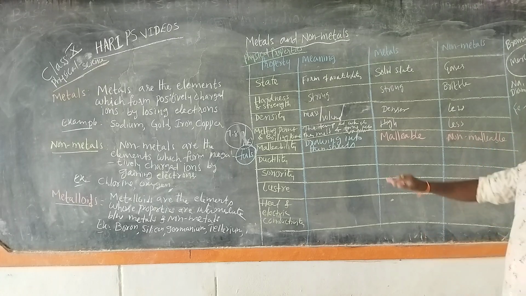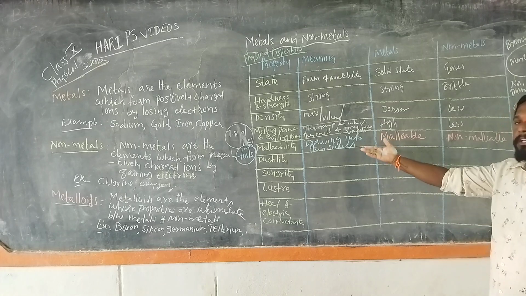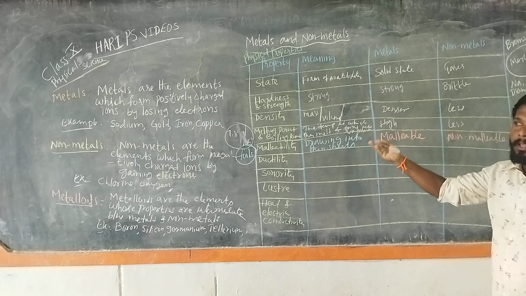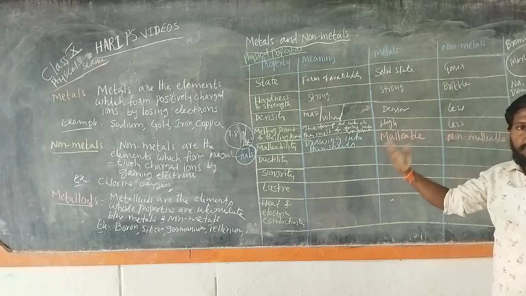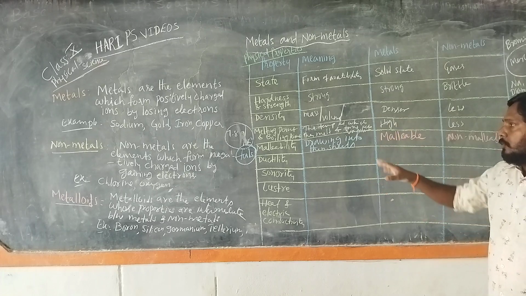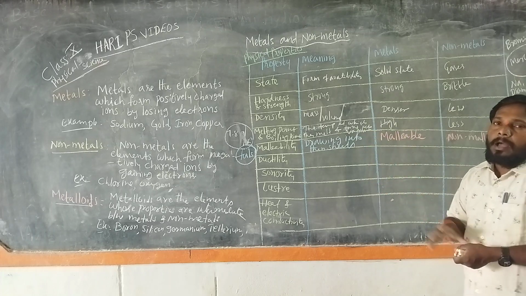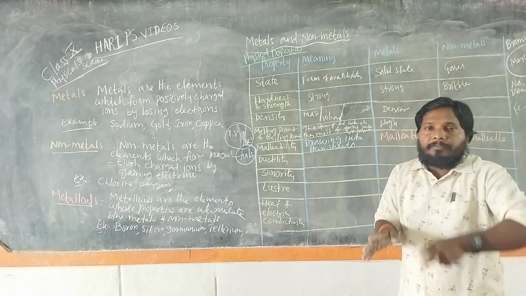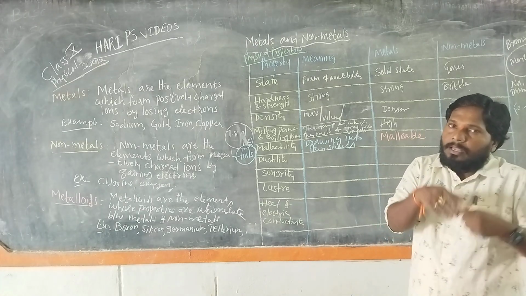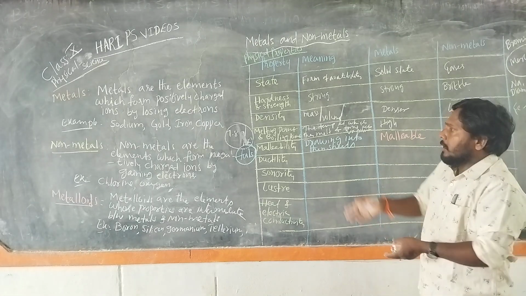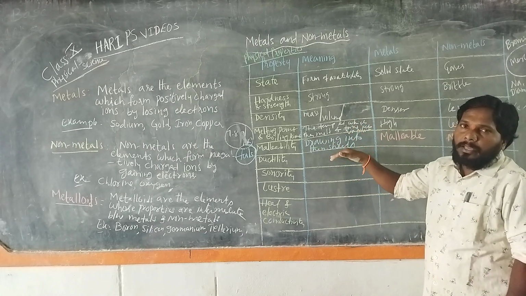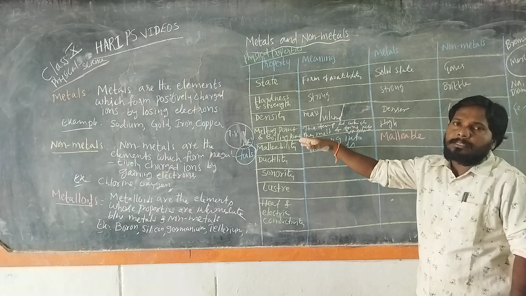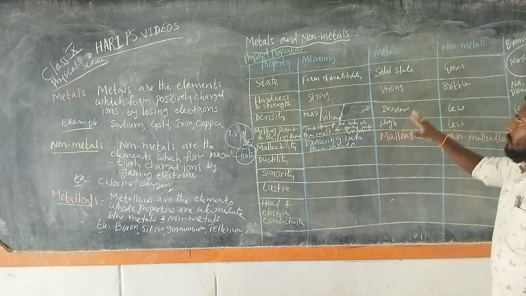Malleable materials can be made into thin sheets by beating or hammering. The property or ability of a substance or material to be drawn into thin sheets is called malleability.